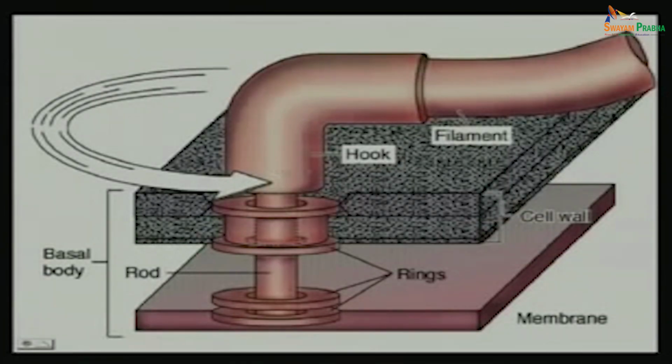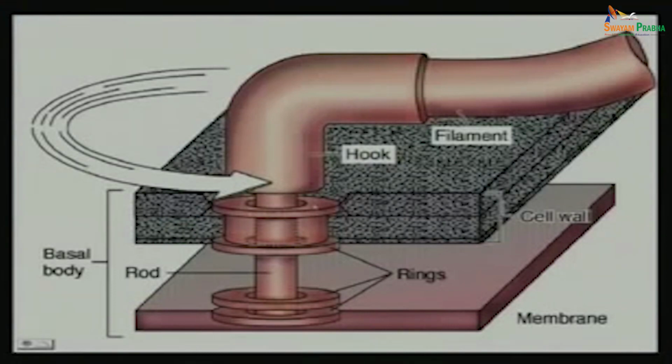Now, this is the cell wall and this is the cell membrane, and in this way this flagella is inserted inside the cell wall. The O-ring to which this hook and filament is attached has the capacity to move 360 degrees.